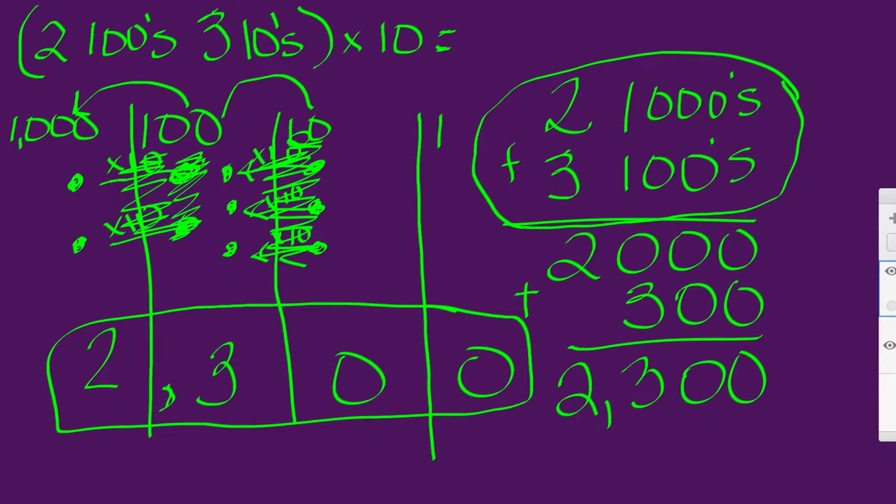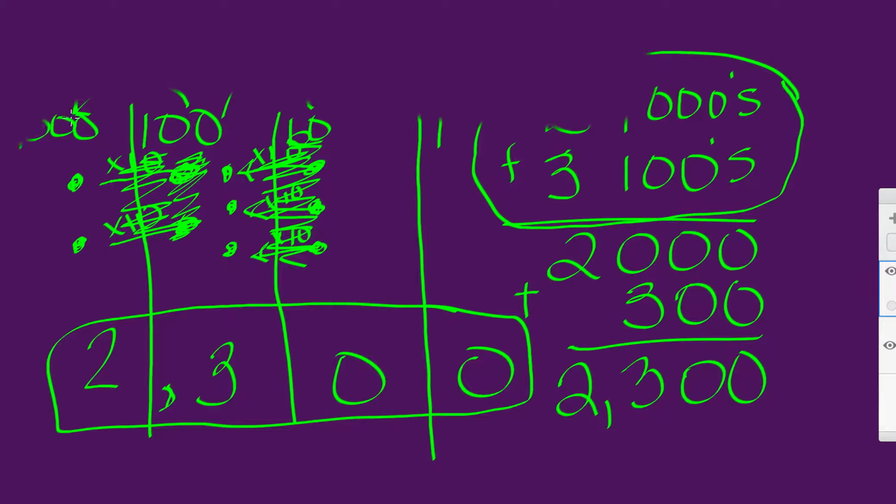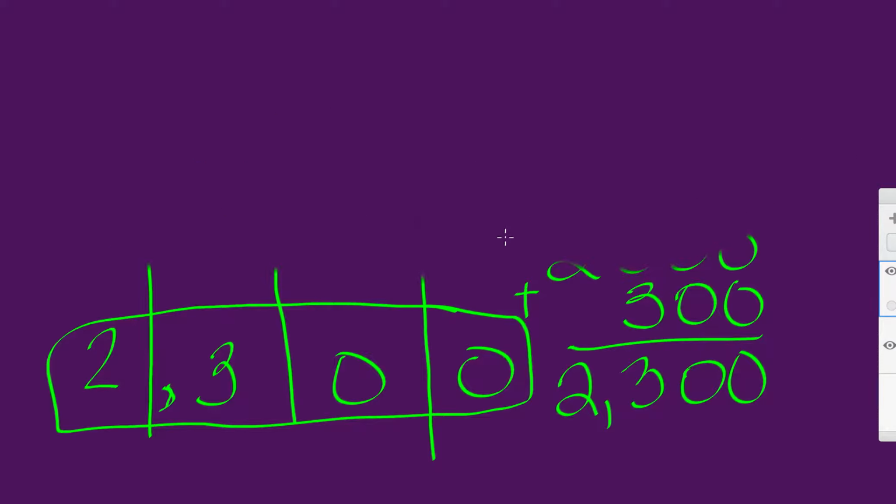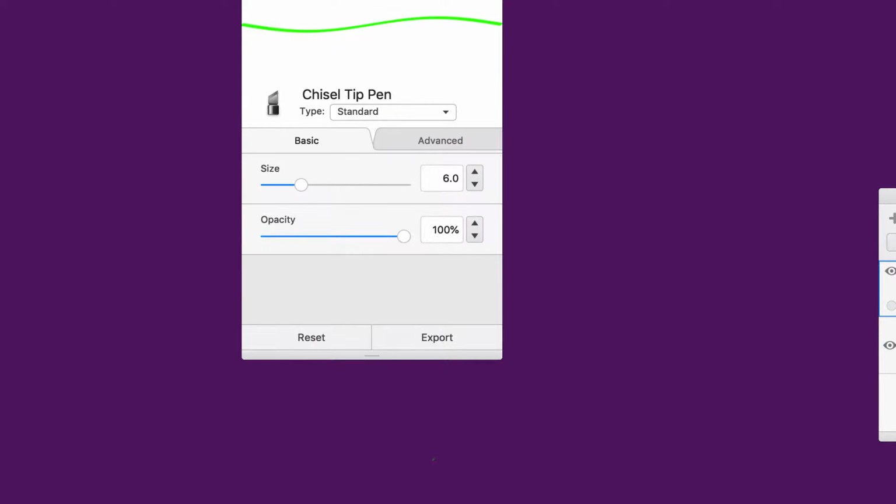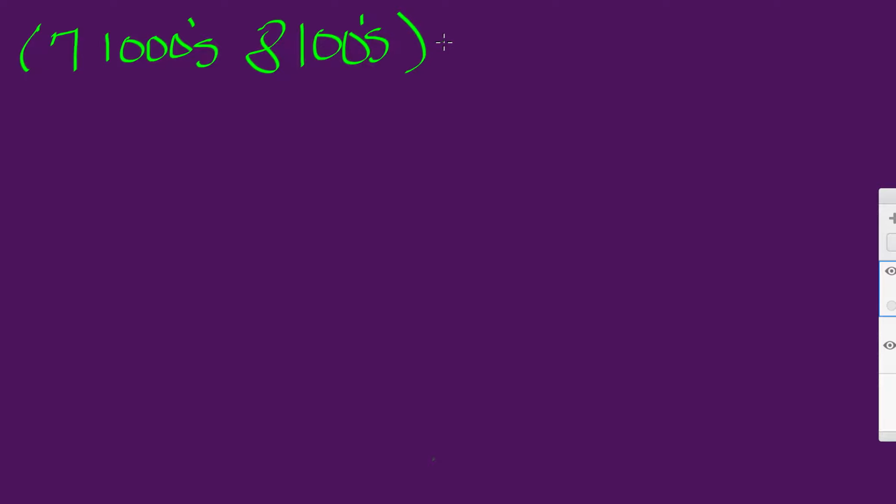Okay, so next question. I'm running out of time on this video, but we only have 3 more. So this one again, we're going to write in standard and unit form. They say 7 thousands and 800s times 10.